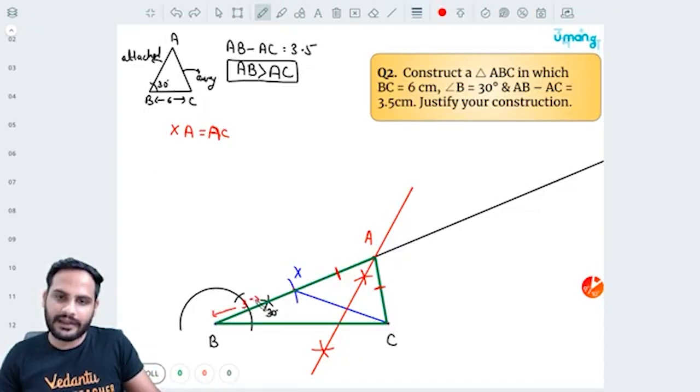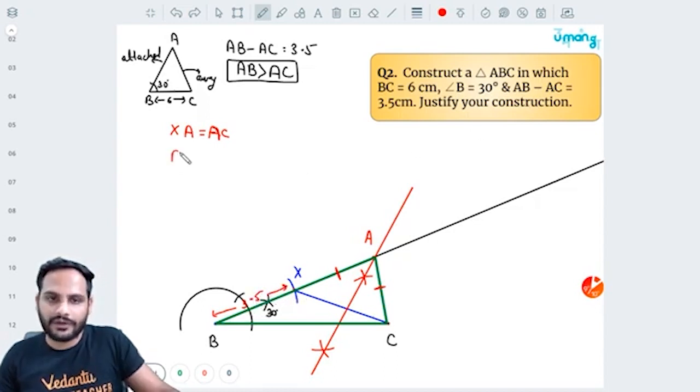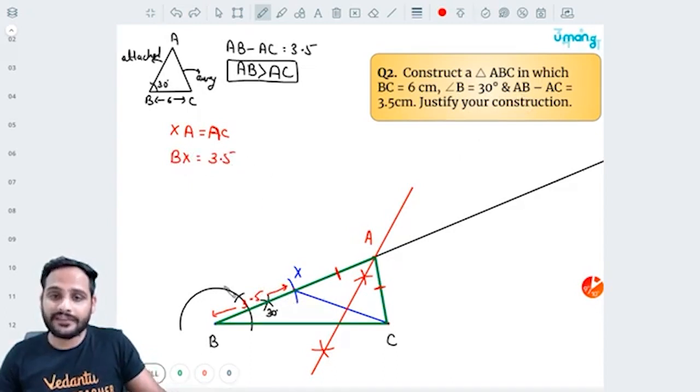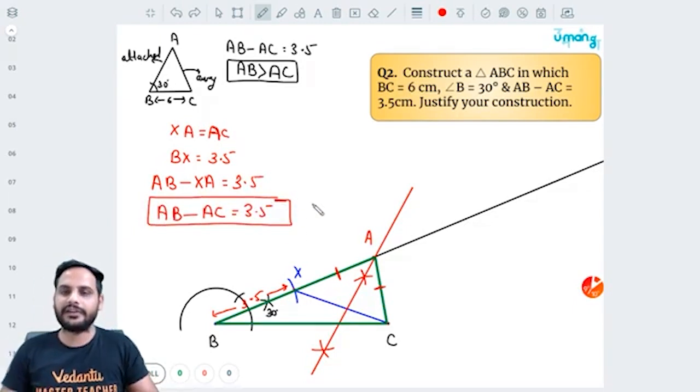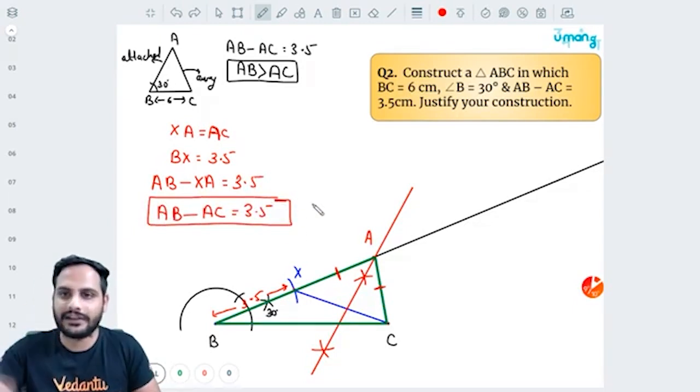This BX I have taken as 3.5, point X at the difference part. So BX is equal to 3.5. Now BX I can write as AB minus XA is equal to 3.5. And since XA and AC are equal, AB minus AC is equal to 3.5. So I can clearly say our construction is correct. Got it?